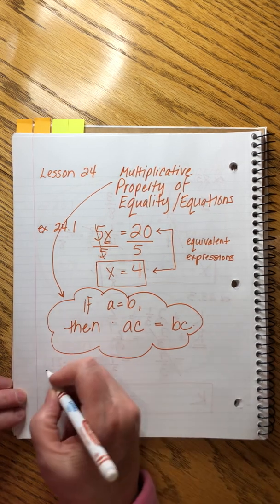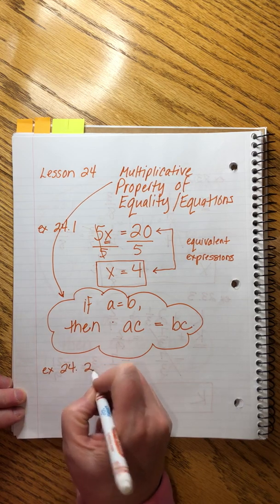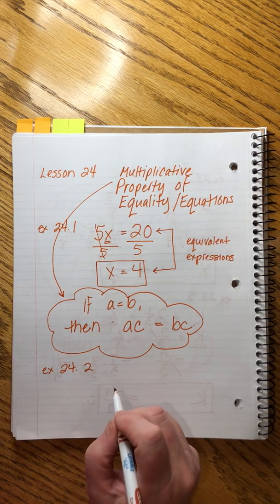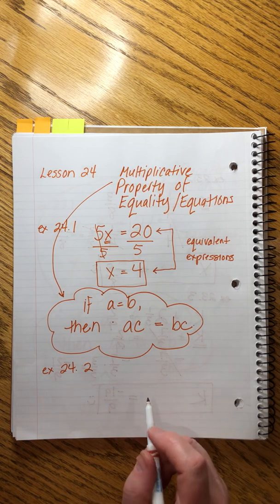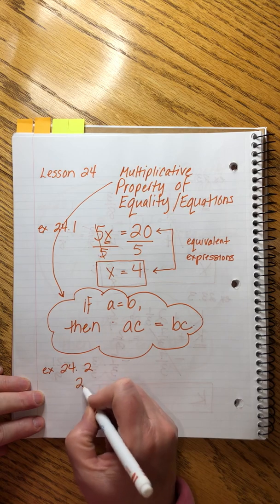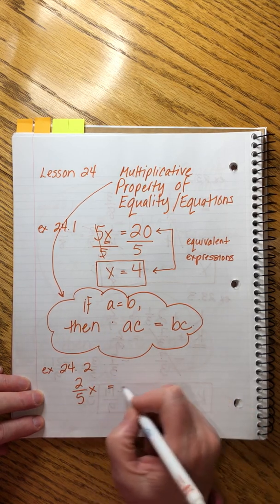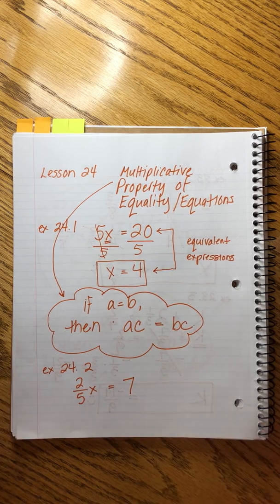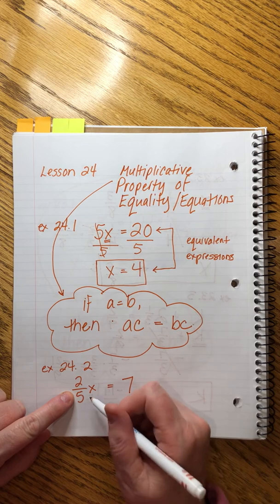Let's go on. I'm going to show you a slight complication that we sometimes get to. There's a total of 5 examples in this lesson, just so you know. What about this? 2/5 x equals 7. Okay, it's similar to this, right? We're multiplying, it's an equation. There's our x.